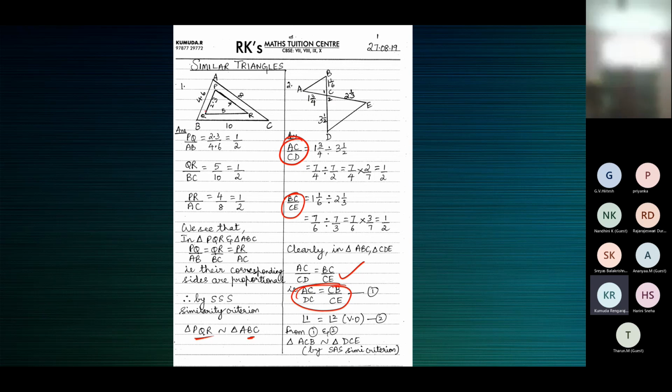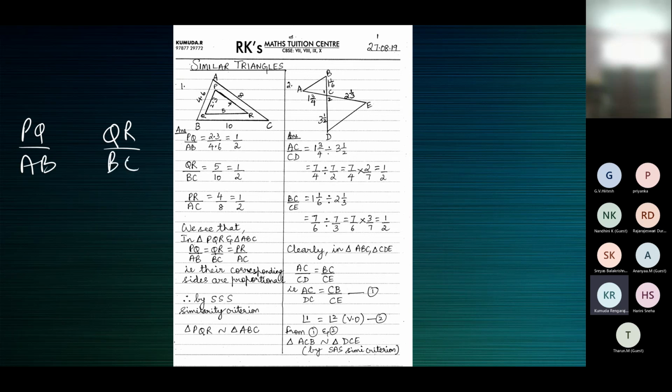So see, here it is simple because PQ, QR, PR goes with AB, BC, and CA. So it's ABC and PQR. But otherwise, you can use the ratios. Just take any two ratios. Supposing you take the ratio PQ by AB and QR by BC.